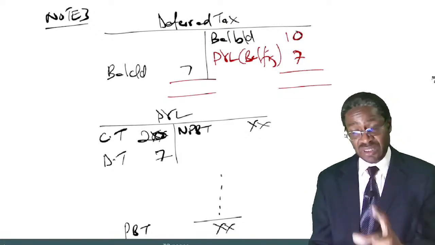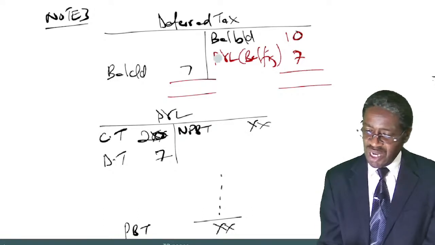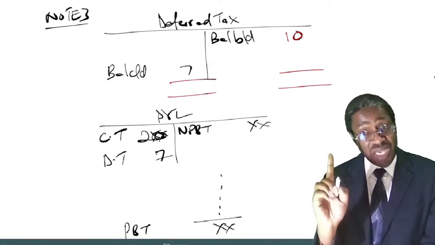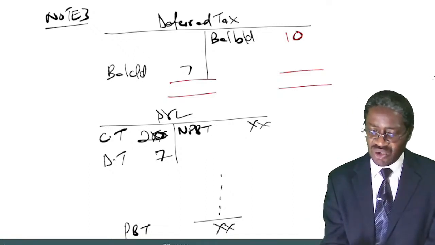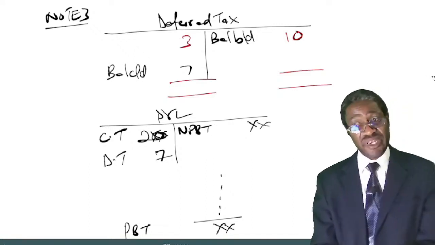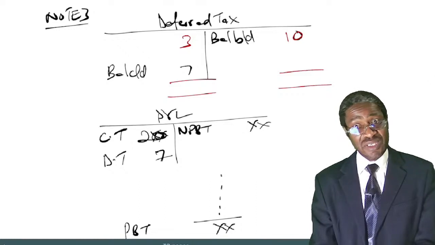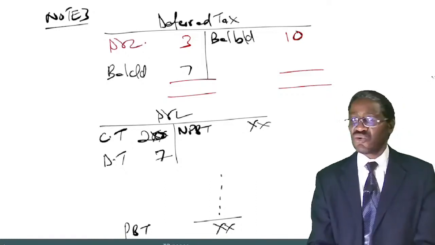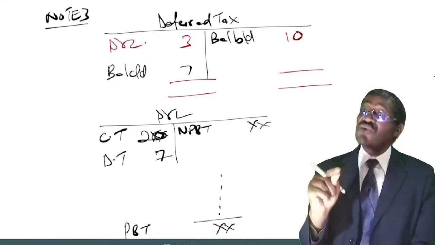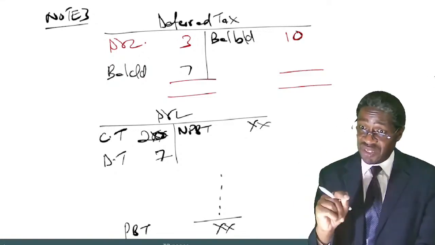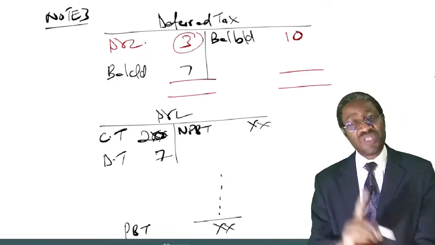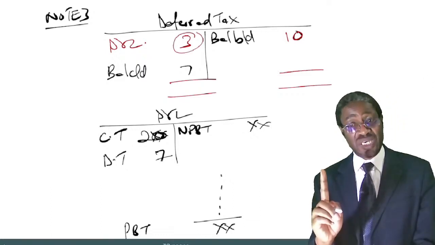It means I would not have got the charge to be 7. This time I would have got the charge to be how much? 3 on the debit. That is what I would have taken to the P&L account. So this time I am reducing the deferred tax from 10 to 7. How? By debiting deferred tax.